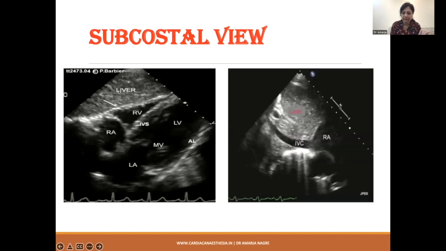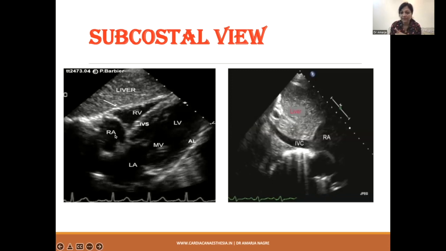This is the liver, and this is the RA, RV, LA, LV. Okay. Now you will say why this is RA, I can say it as LA. But again, if you don't see this as globular or triangular, and if they are abnormal, they are equally sized.